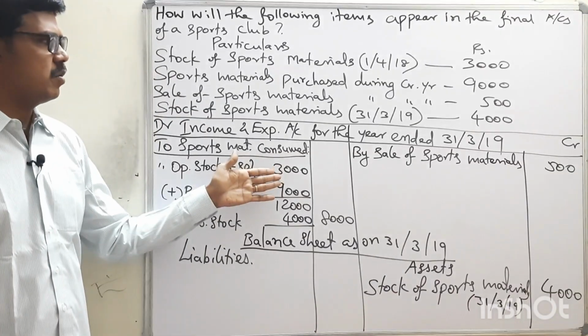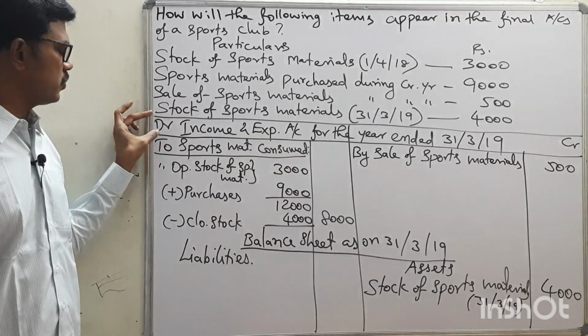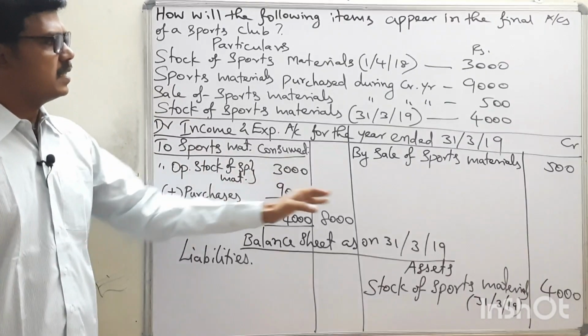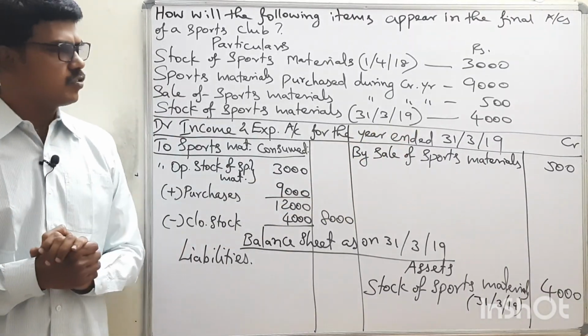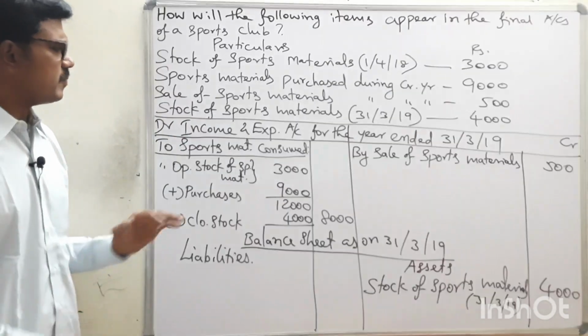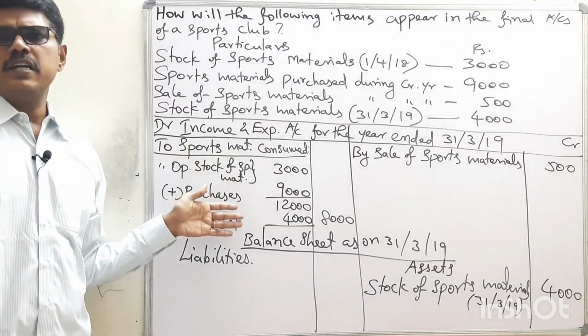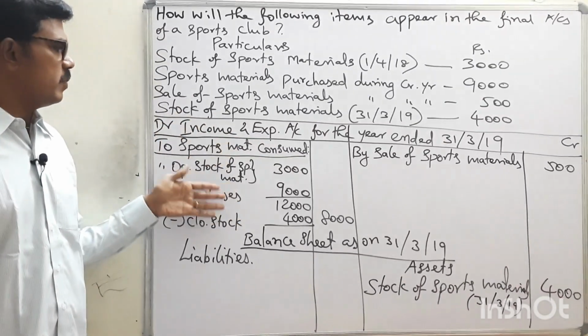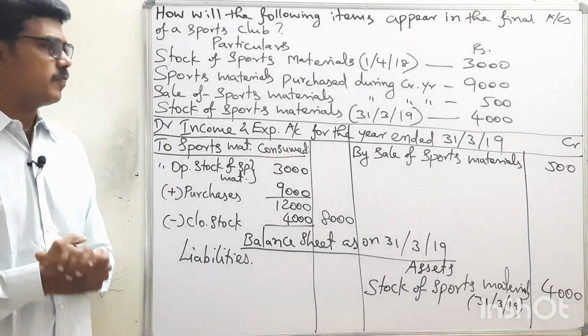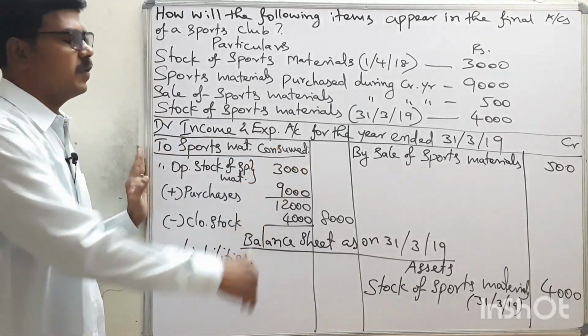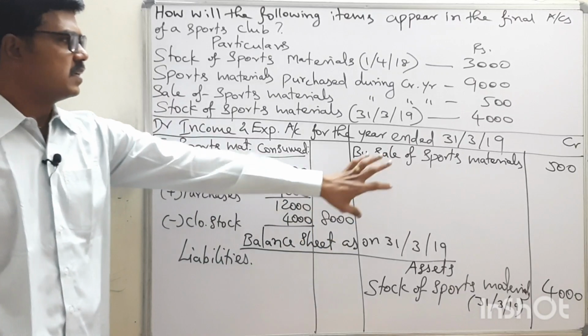In the left top corner we should write debit, Dr. In the right top corner we should write Cr, credit. All the expenses and losses must be shown in the debit side of the income and expenditure account. This side is called the expenditure side.